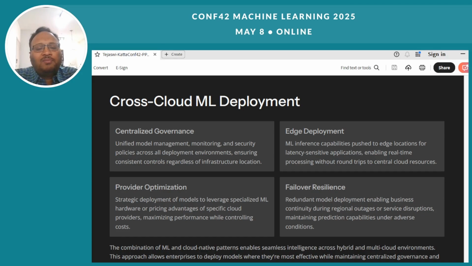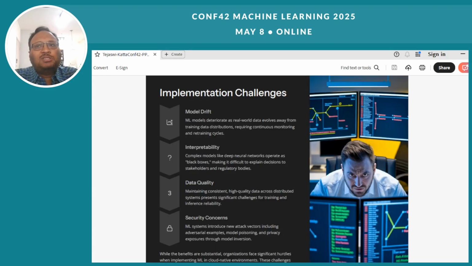Now, in the next slide, we will be looking at the implementation challenges. Integrating ML into cloud native systems is not without hurdles. Models can drift as real world data changes, demanding continuous monitoring and retraining.